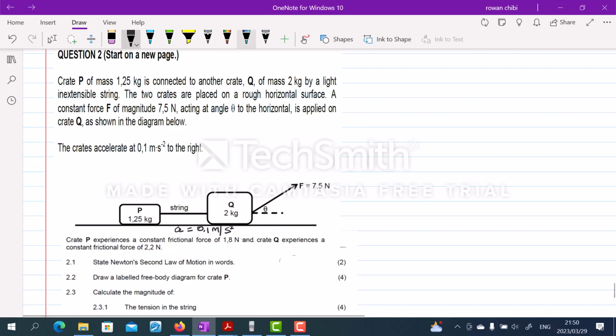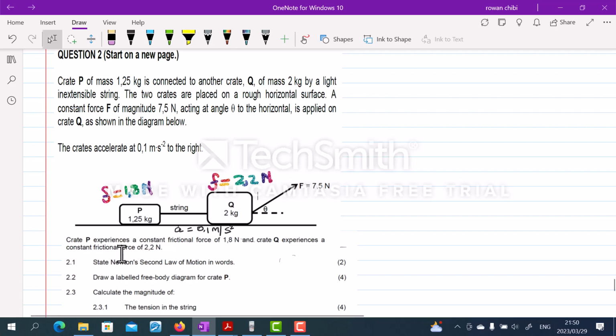So crate P, which is this one, experiences a frictional force of 1.8 newtons, and then crate Q experiences a constant frictional force of 2.2. So this one is experiencing a frictional force of 2.2 newtons.